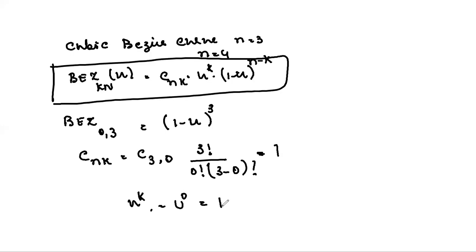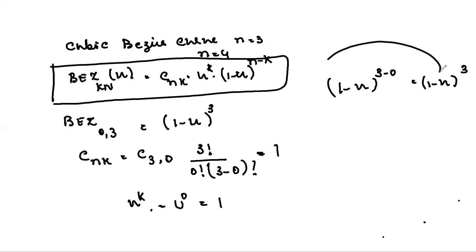Next we have the third term, which is 1 minus u to the power of n minus k, so 3 minus 0, which is equal to 1 minus u whole cube. So basically that is what I have written here.